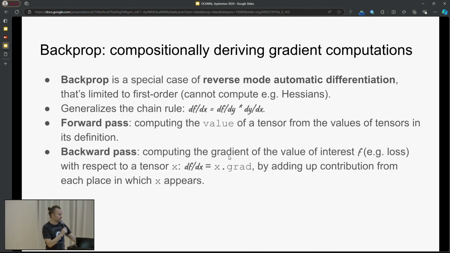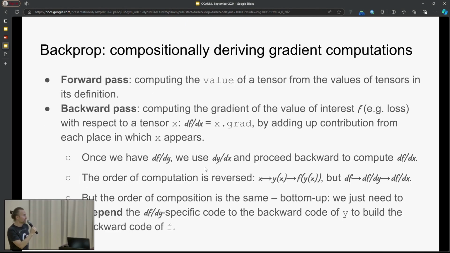And the gradients will be with respect to a fixed target, like the loss function, but they will be attached to the tensor with respect to which we compute the gradient. So df over dx will be attached to x as x dot grad.